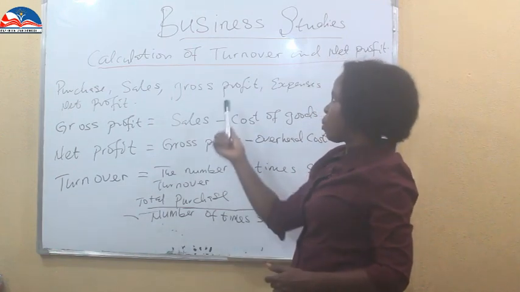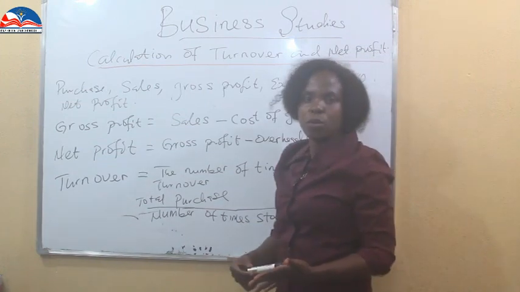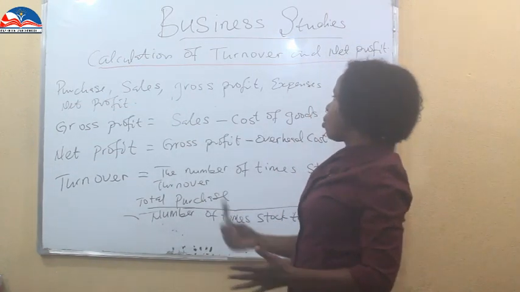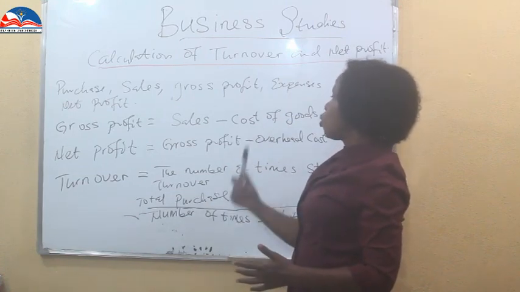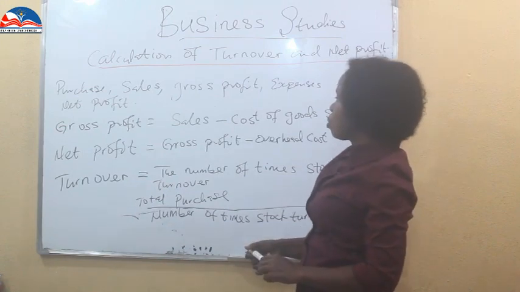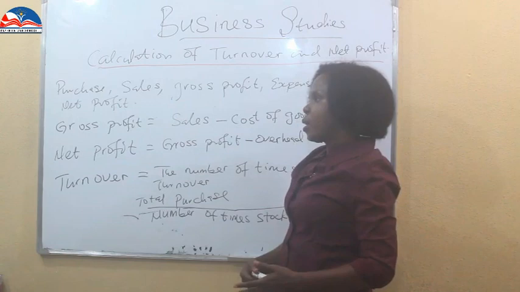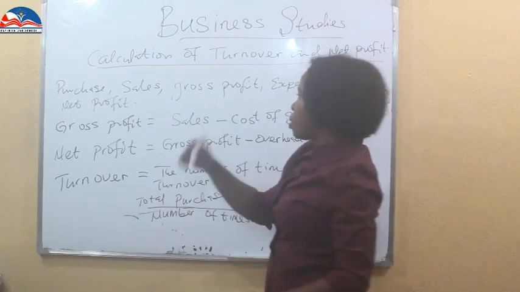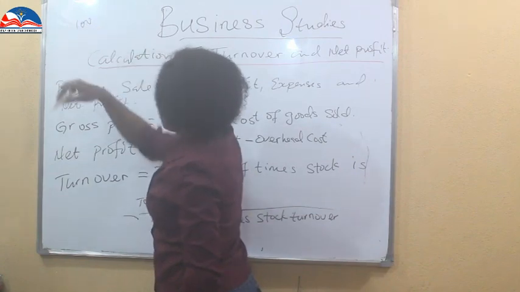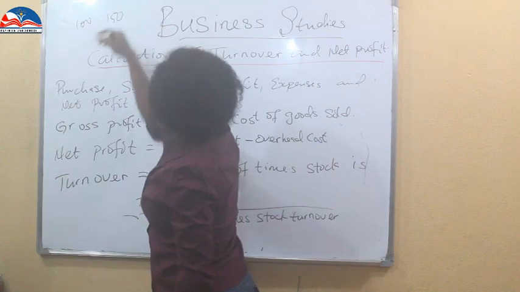And after that, we'll talk about gross profit. It is the amount of sales minus your cost of goods sold. That's to say, what did you buy, at how much? Let's say you bought a product at 100 naira and you sell at 150 naira.